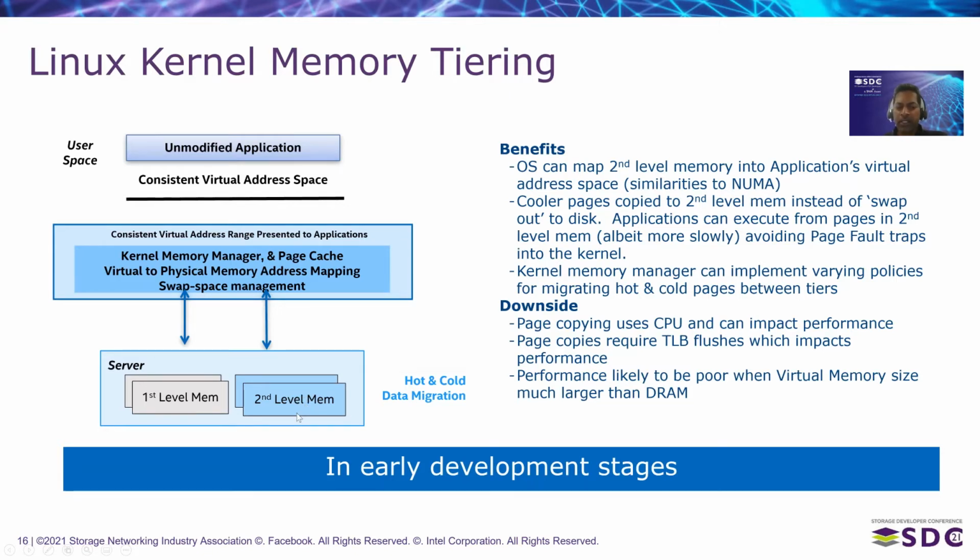And obviously, the copies require TLB flushes. That also impacts the performance, right? So there is a downside, but the upside is that you don't need to make changes to the application, which is fairly significant. So that's one way of consuming the different types of memory in a platform.